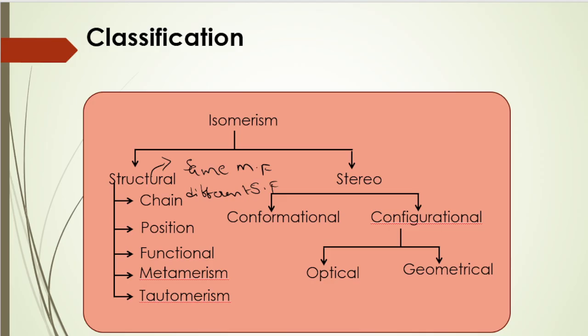In the case of stereoisomerism, both the molecular formula and the structural formula are the same for a particular compound, but the spatial arrangement of the groups or atoms is different.